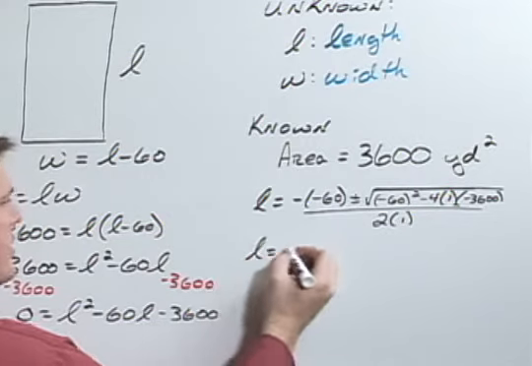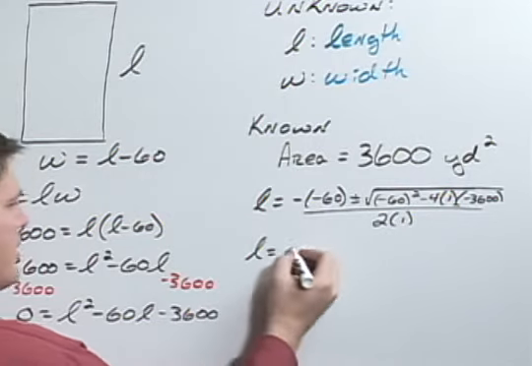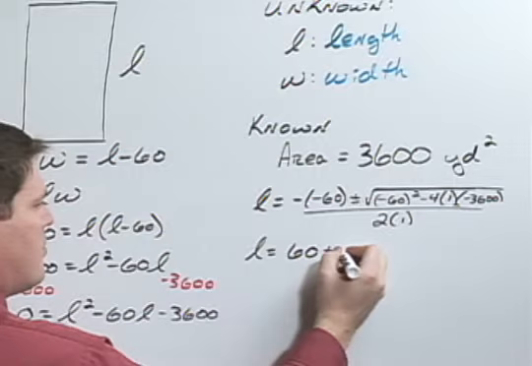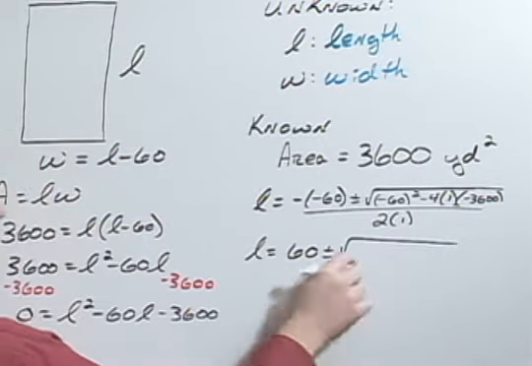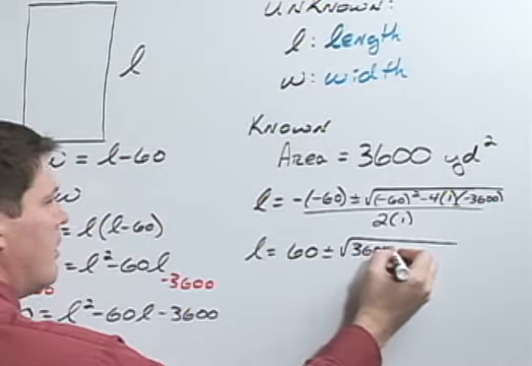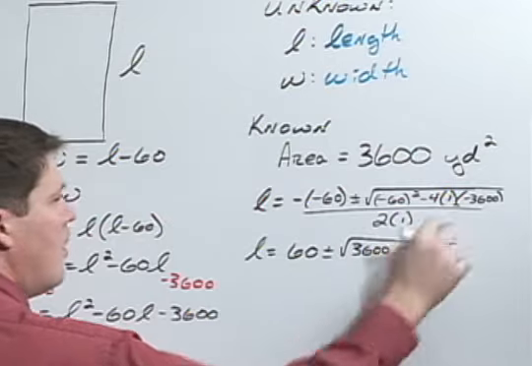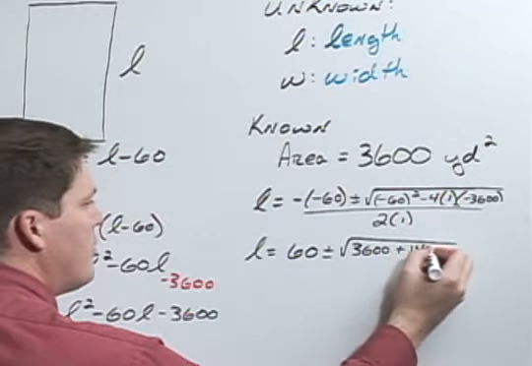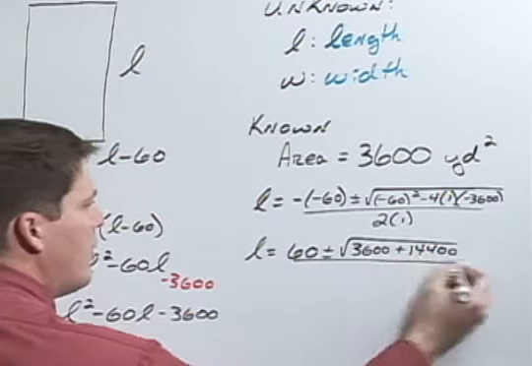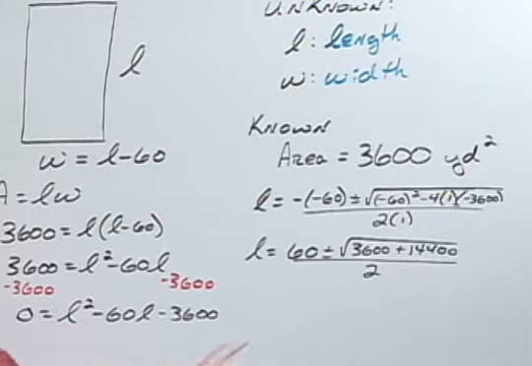So solving this, negative of negative is going to be positive, so 60 plus or minus the square root of 3,600 plus 14,400, all over 2.